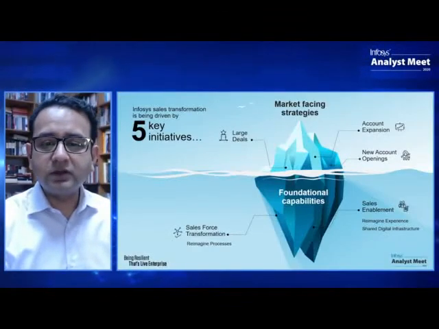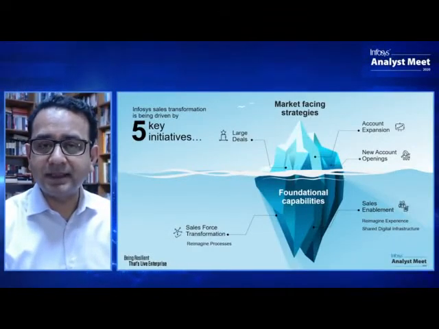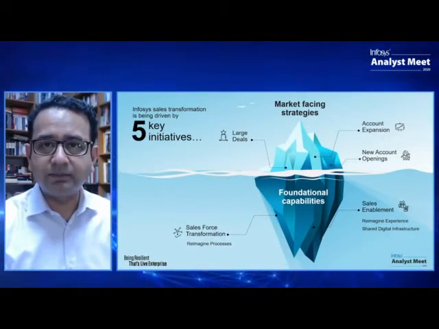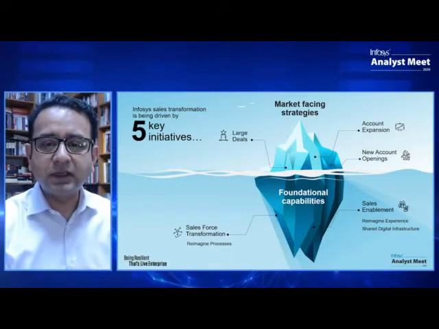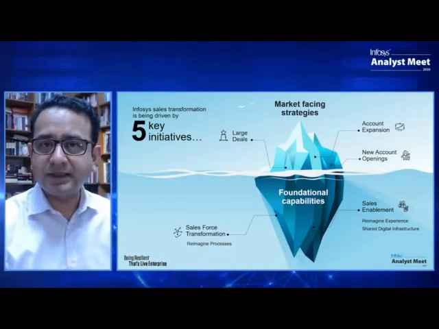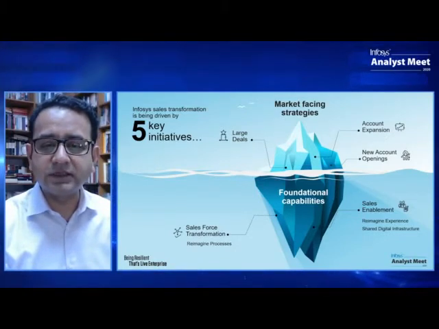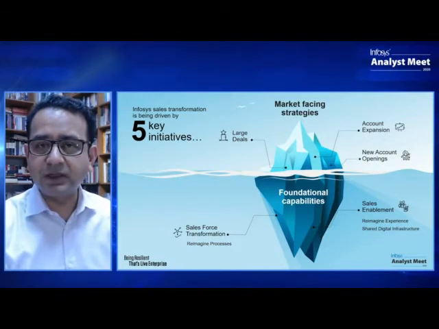Then moving on to the themes within the sales transformation, this is something that we have spoken to you about in the past as well. But essentially, we've got three market-facing strategies, which is a focus on Infosys delivering large deals, a focus on mining our largest and most important accounts, and finally, a focus on new client acquisition.